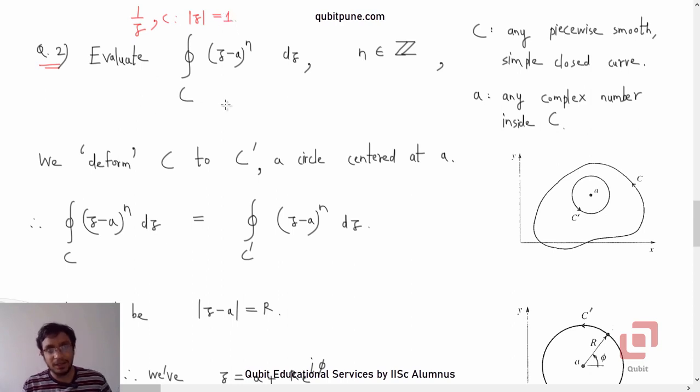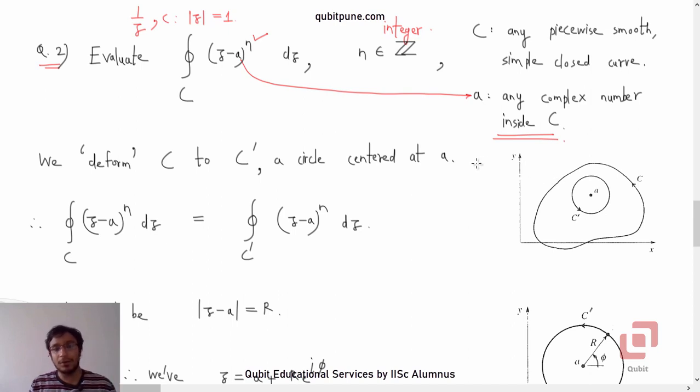So this time we are evaluating the line integral of z minus a to the power n, where C is the closed curve which is the path of integration, and here n is any integer. Now, as I said, C is going to be any piecewise smooth and simple closed curve, and the number A is any complex number inside the curve C.